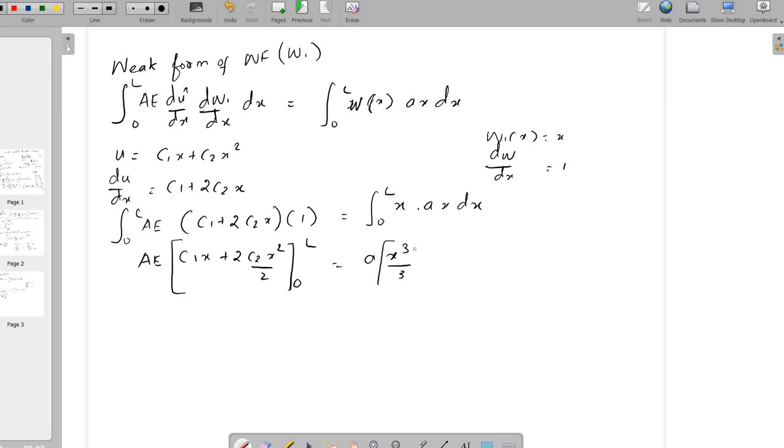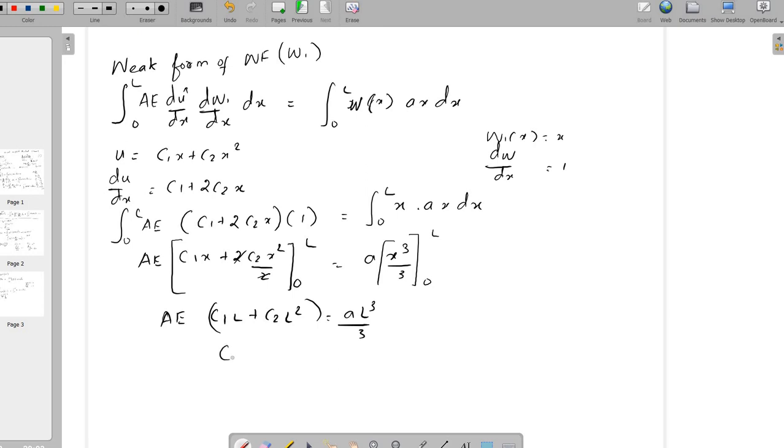So, cancelling, we get C1L plus C2L square, which is equal to aL cube by 3.